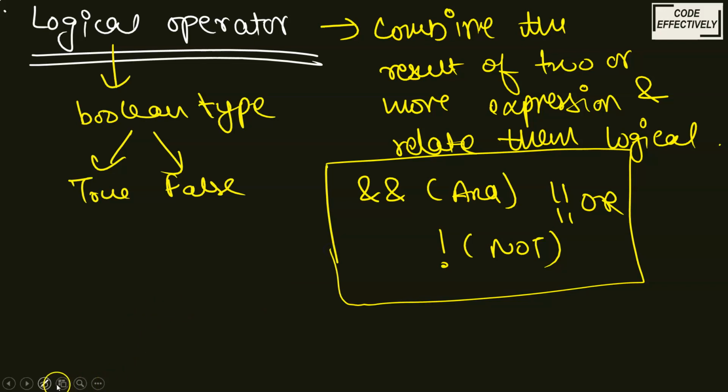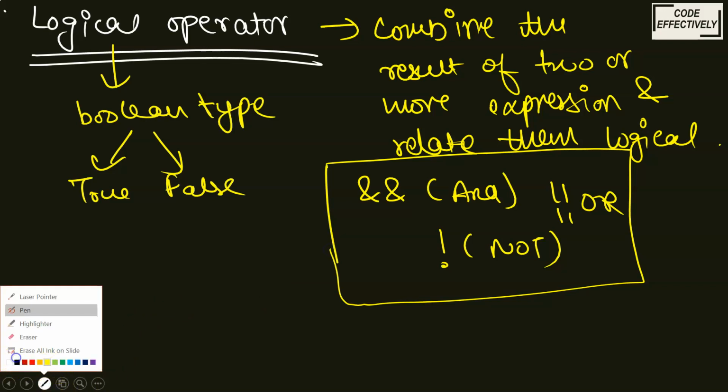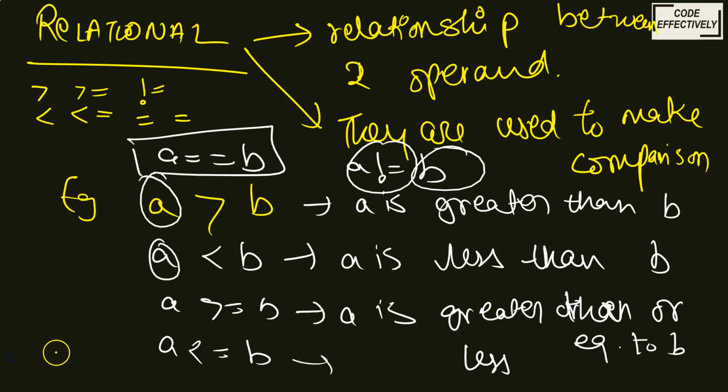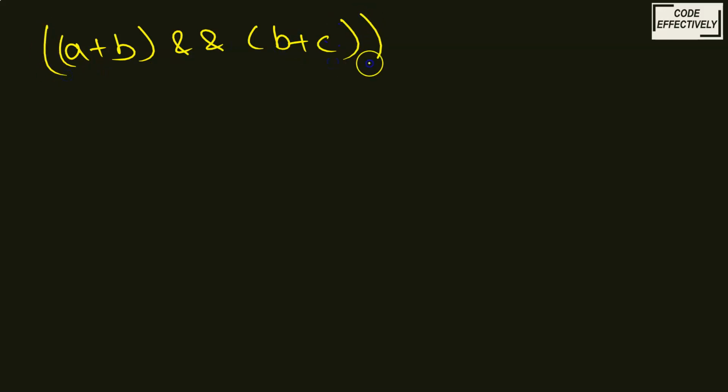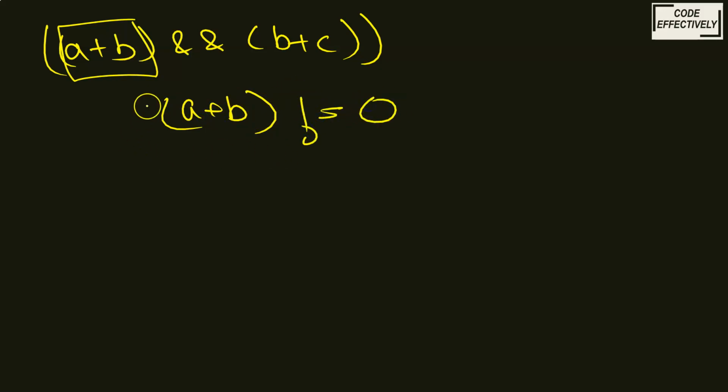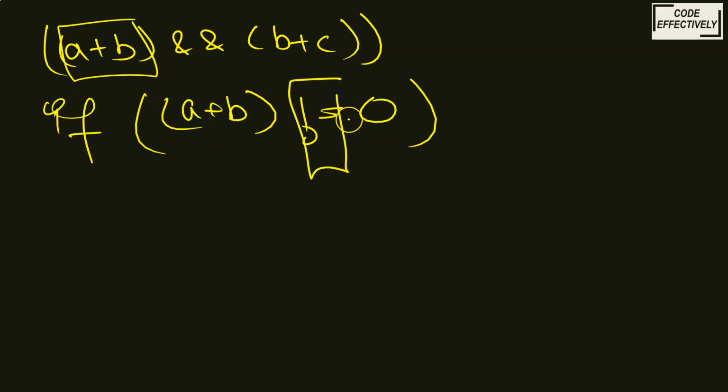Let me give you examples of logical operators. We are using A plus B and B plus C. We can give one more example, like if A plus B is not equal to 0, we can put this in an if. It says if it is not equal to 0, then do this.